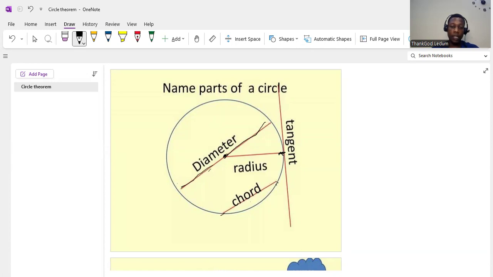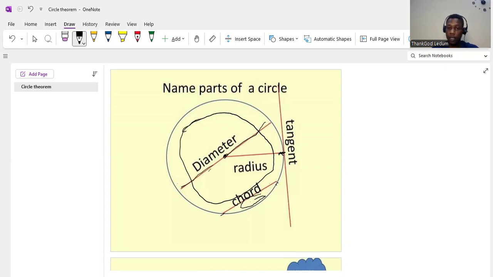Now we have the major segment, this entire place is the major segment, and this other part of it is the minor segment. So a chord can only cause a major segment and a minor segment, while a diameter causes a semicircle. So once a diameter cuts a circle, we have two semicircles.